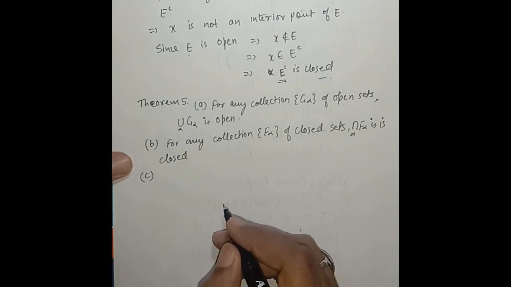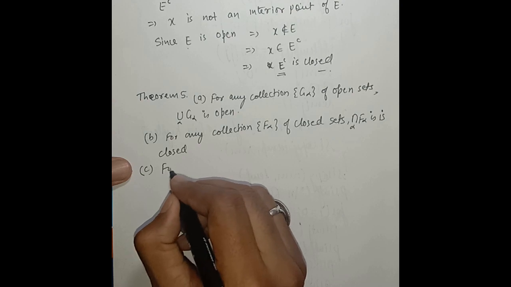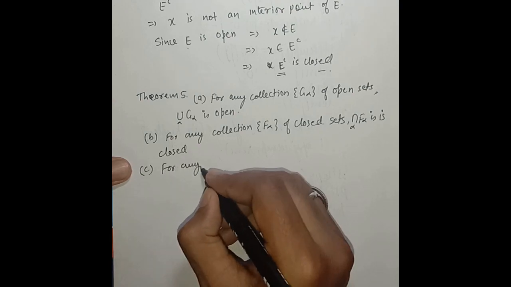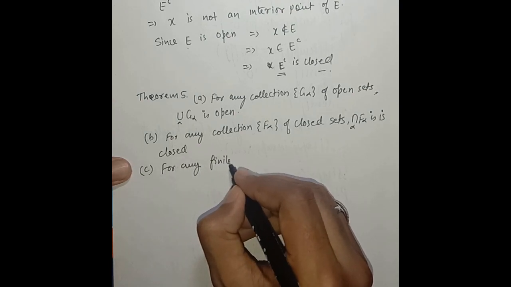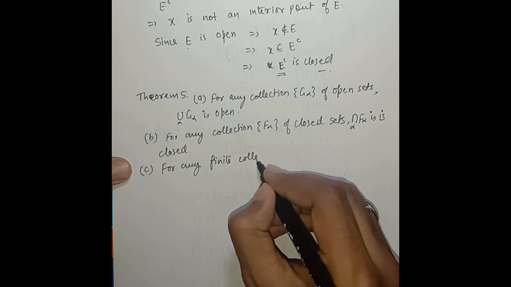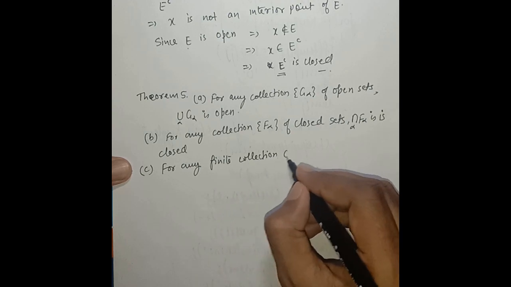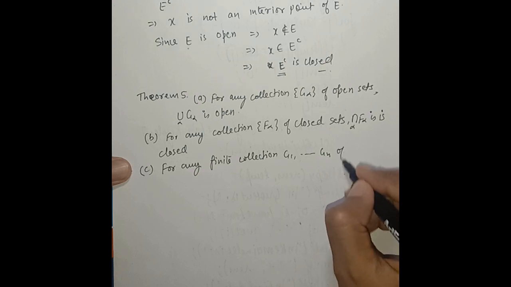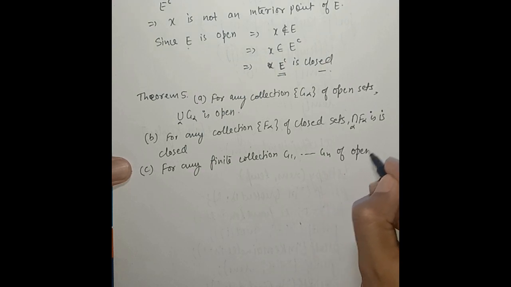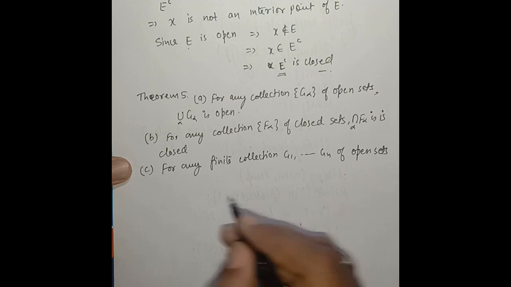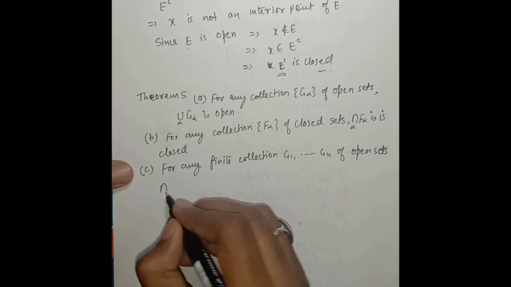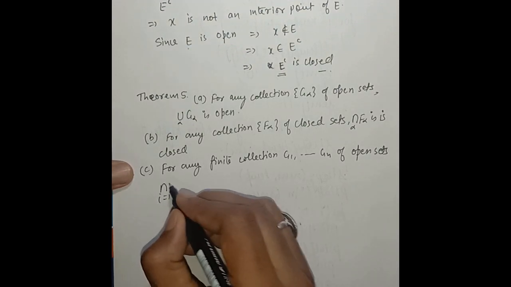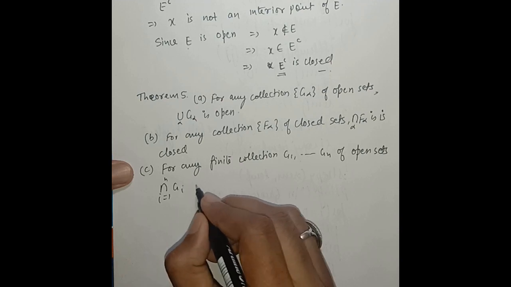Part C: for any finite collection G1 up to Gn of open sets, the intersection of Gi, i from 1 to n, is open.